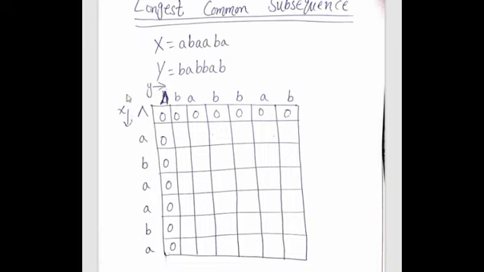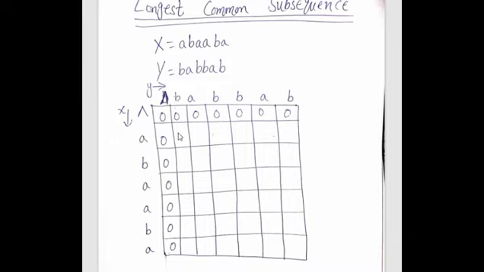So how are we going to fill up the first box, this one? You have to compare this character A with B. If it is similar, you add 1 to the diagonal value. Which one is the diagonal value?